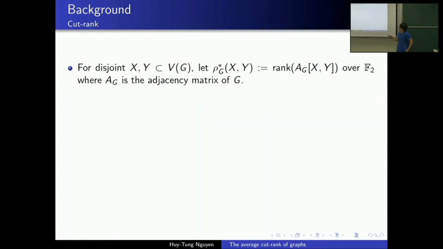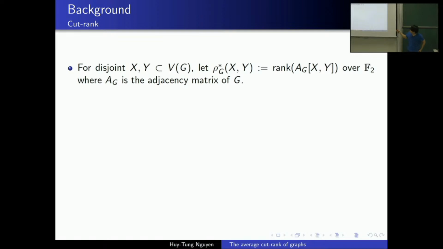Now we come to the cut-rank function. For subsets X and Y in the vertex set of G, we denote by ρ_G*(X,Y) the rank of the XY cut in G. Here A_G is the adjacency matrix of G, and A_G[X,Y] denotes the submatrix of A_G where the rows are indexed by X and the columns are indexed by Y. This matrix is over the binary field.